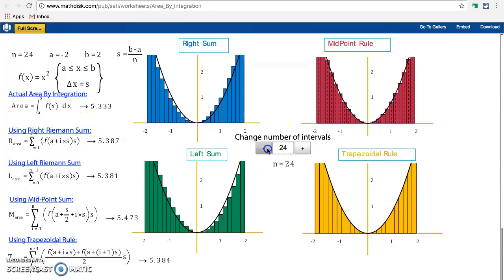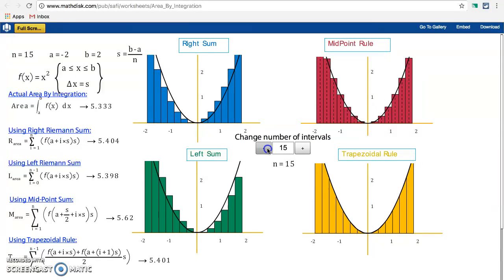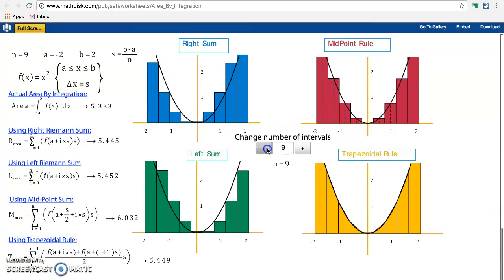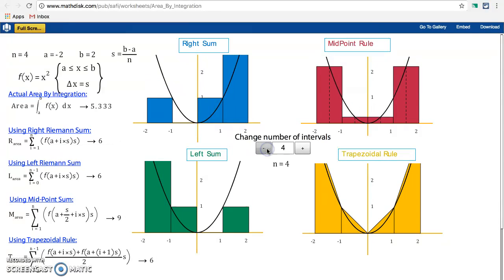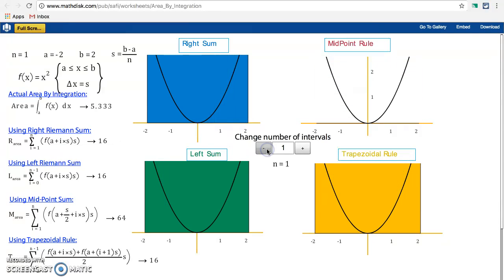If we change the number of intervals, as you see, if we go smaller, the rectangles get much larger, and if we actually go down to 1 on this one, the length here would be 4. The height would actually be 4 as well. 4 times 4 is 16, which you see here, here, and here.